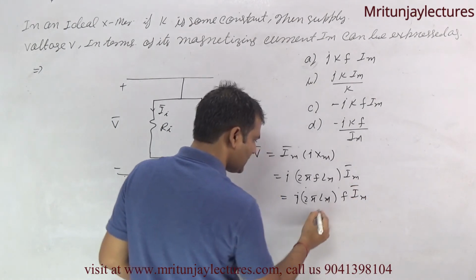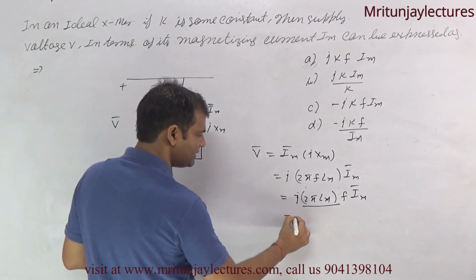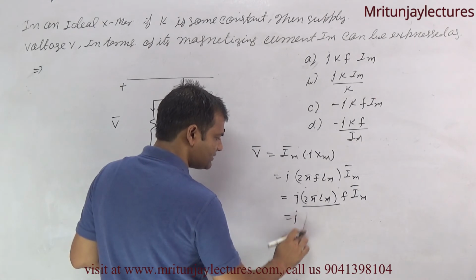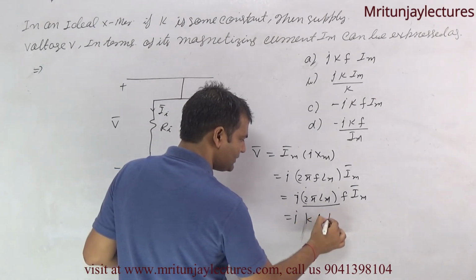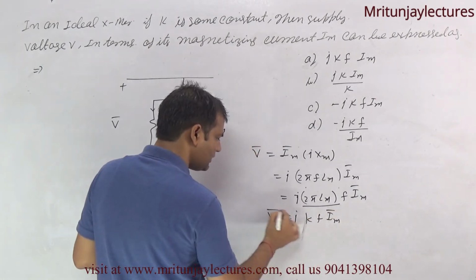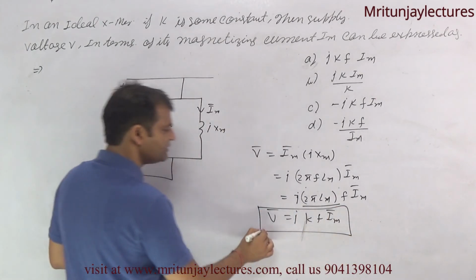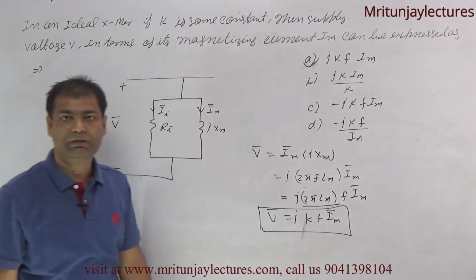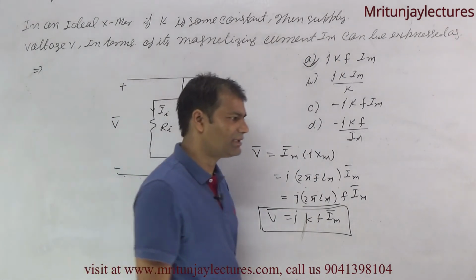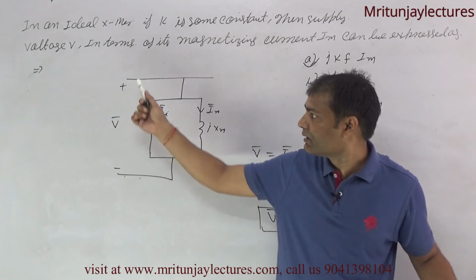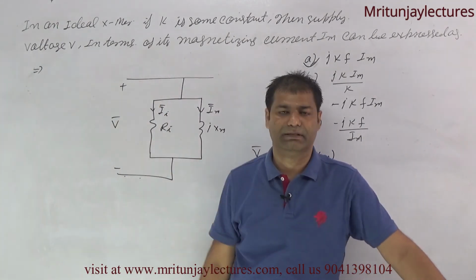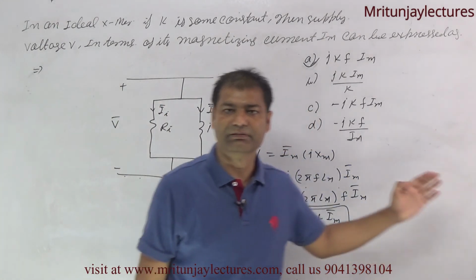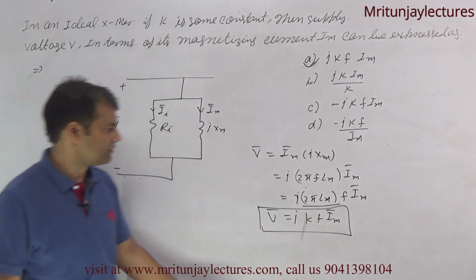Since 2 pi Lm is constant, V equals j K F into Im. Which one is the correct option? A is the correct option. According to the question, for an ideal transformer, the primary impedance is neglected, and we got the result like this.